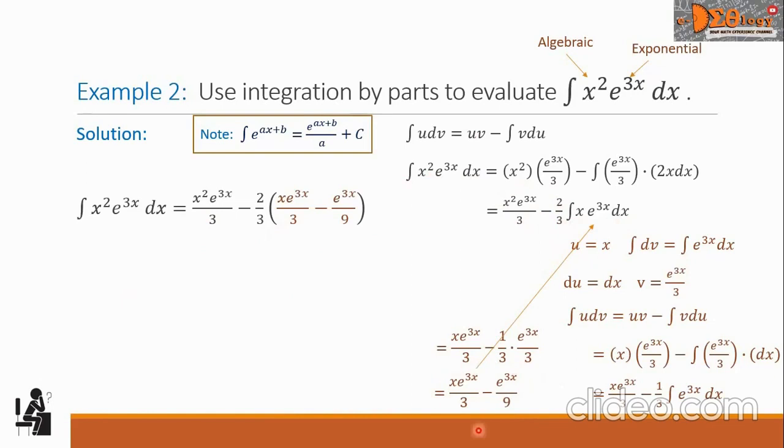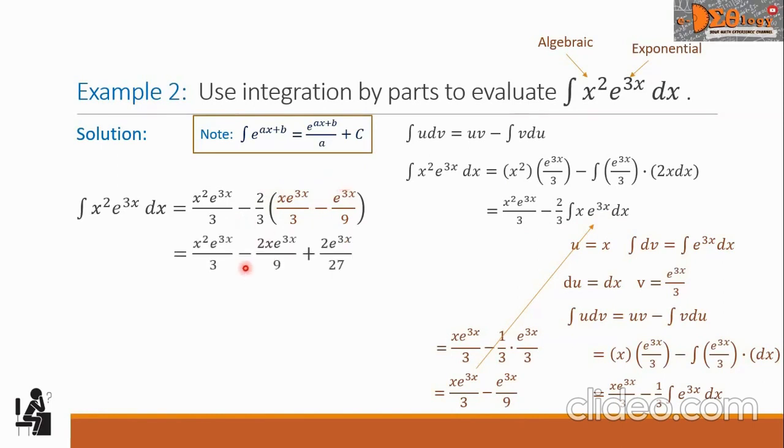Now this whole expression here, we will substitute to the integral of x times e raised to 3x dx, and it's now here. Let us simplify further by multiplying this fraction to the terms inside the grouping symbol.